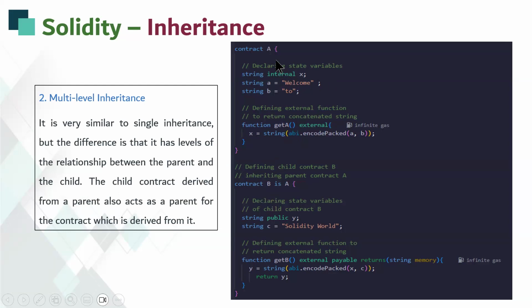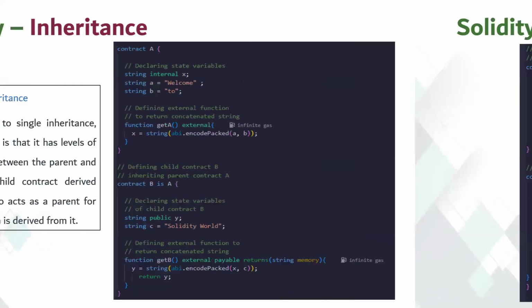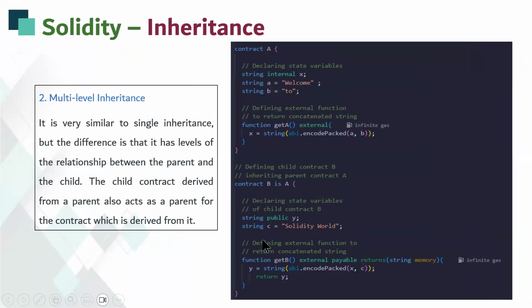So let's look at this code. Contract A is inherited by contract B, and contract B is inherited by contract C, to demonstrate multi-level inheritance. Let's break down this code again, line by line. Here we have contract A defined as a parent contract.